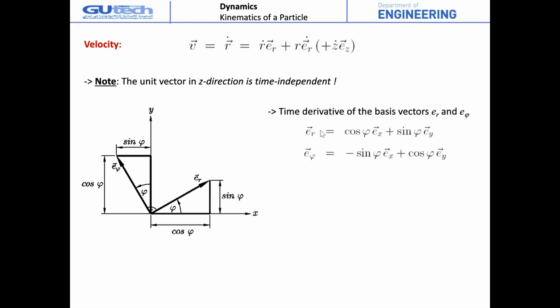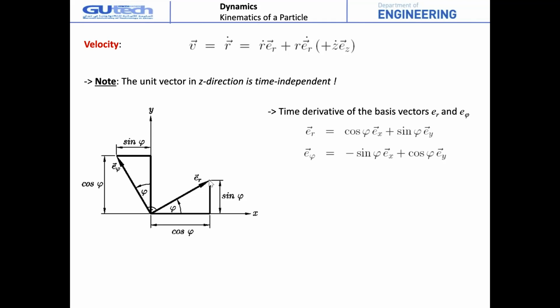Now, if we make the time derivation of the basis vectors eR and ePhi, that means we have these terms, eR dot and ePhi dot. In this case, we can make the projection.